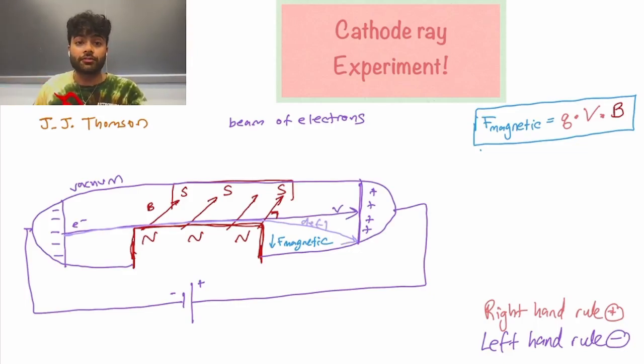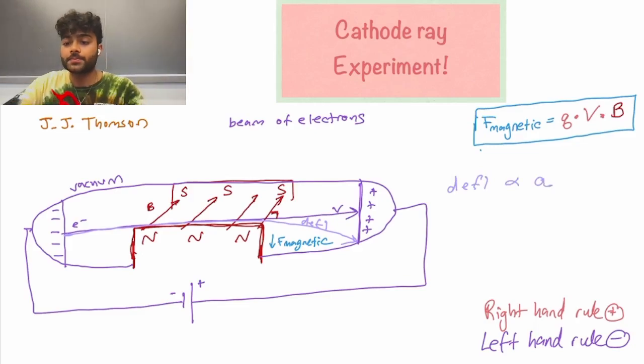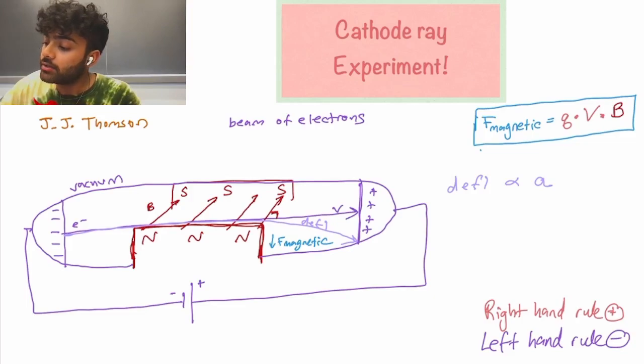So how does this deflection allow us to find mass? Well, we know that deflection is the amount that these electrons move, so it's proportional to acceleration. And now from Newton's second law, which is that force equals mass times acceleration, we know another way we can write acceleration is force over mass.